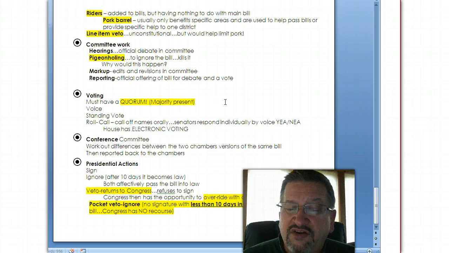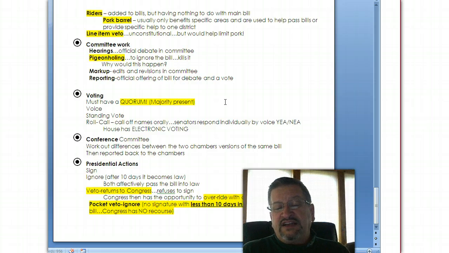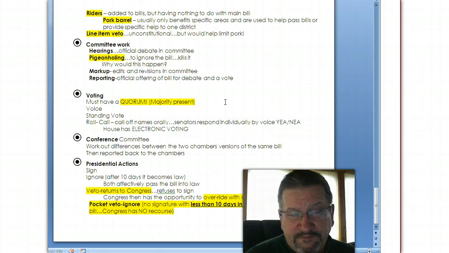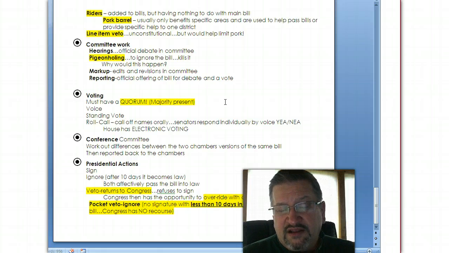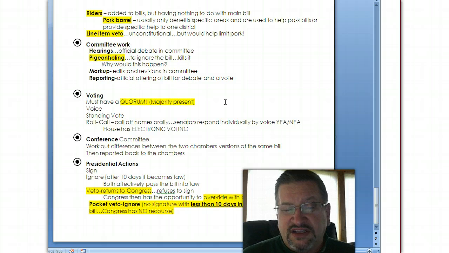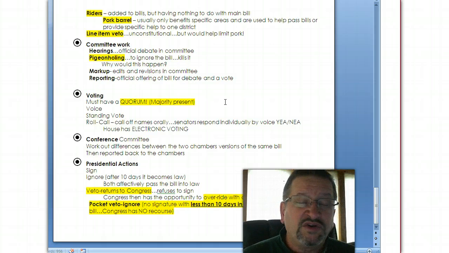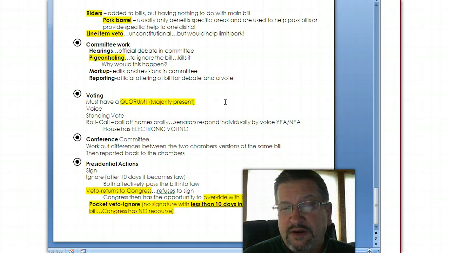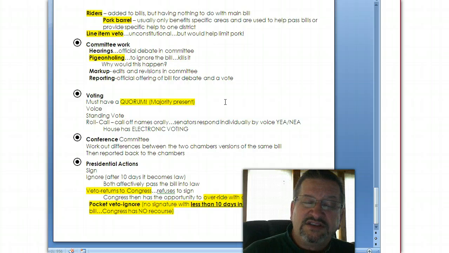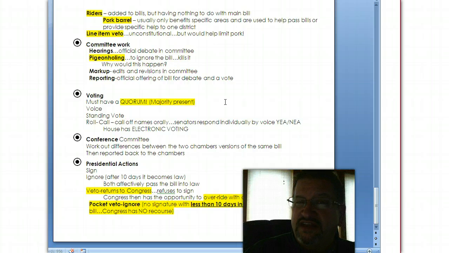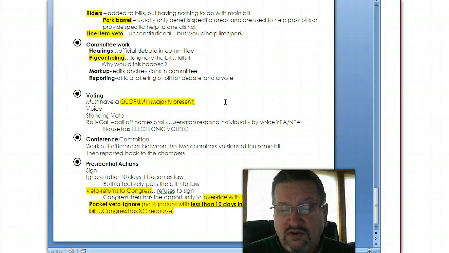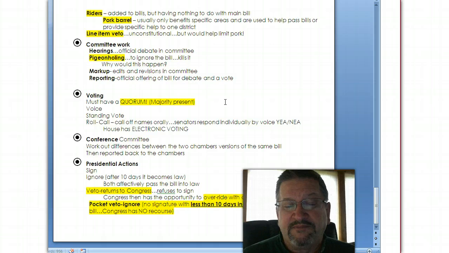If we want that record, then you're going to have to call for a standing vote or a roll call vote, which is what they do in the Senate. The only type of voting they don't do in the Senate is electronic voting, because there are 4 times as many House of Representatives members and only 100 senators. So the senators don't feel like they need electronic voting, whereas the House finds it very helpful and it helps speed things up.